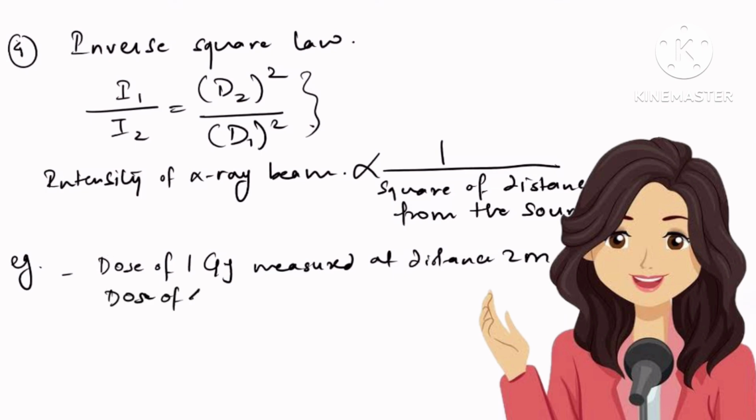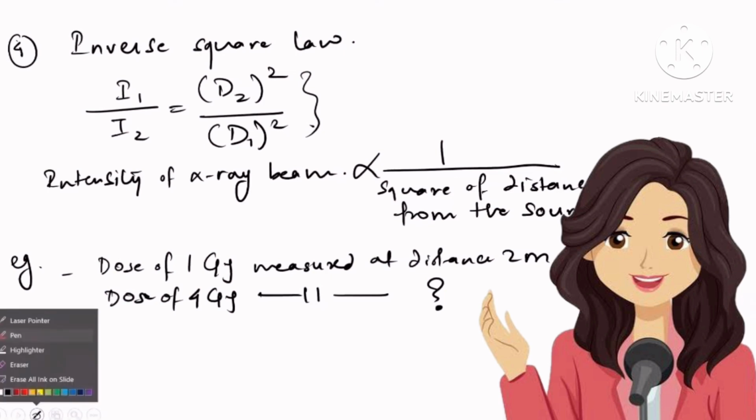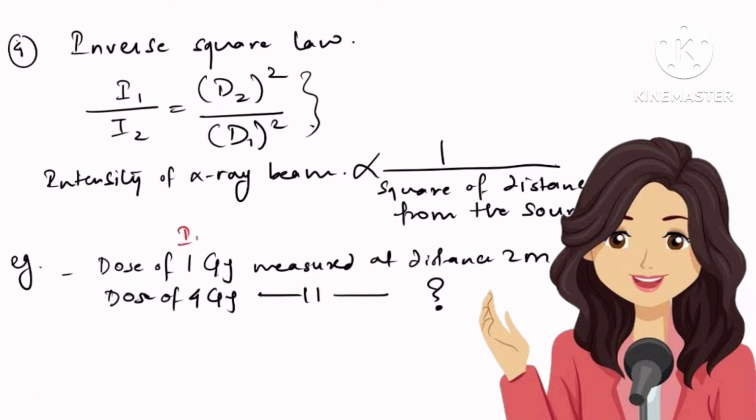Dose of 4 gray will be measured at what distance? You will just put these values into the formula given above. So say we consider this as I1, I2. This is D1, D2 we need to find out.